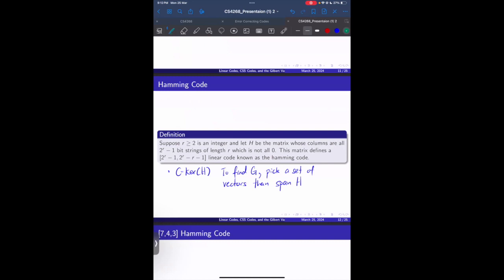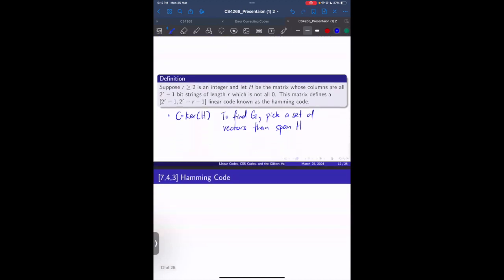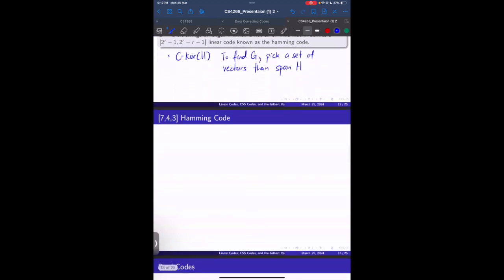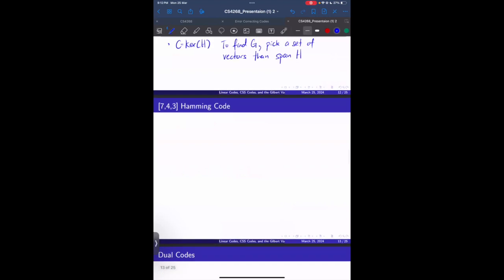So, okay, but that was not the main focus. Let's just run through an easy example, right? So suppose we want to consider a 7-4-3 Hamming code.